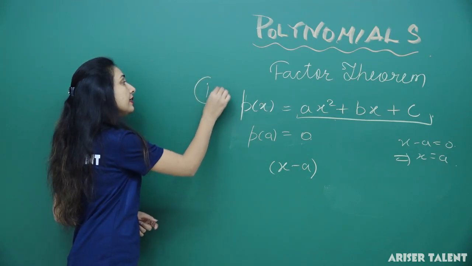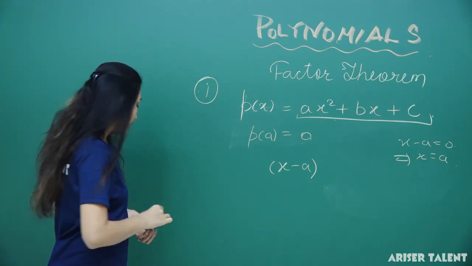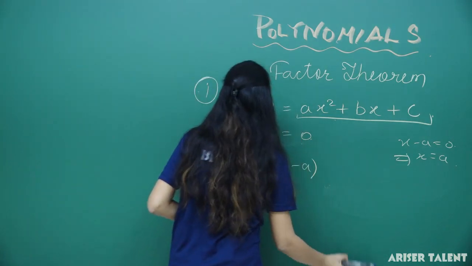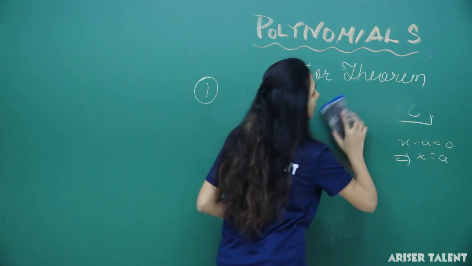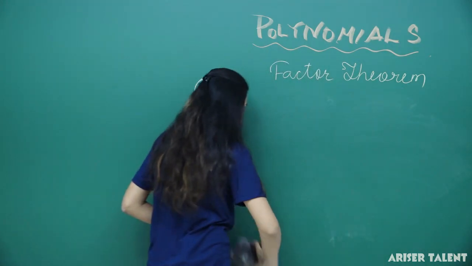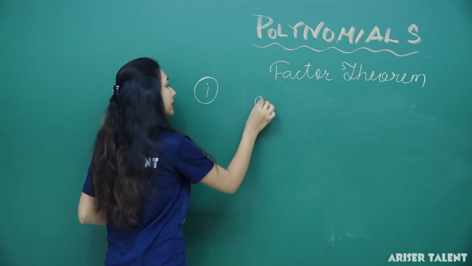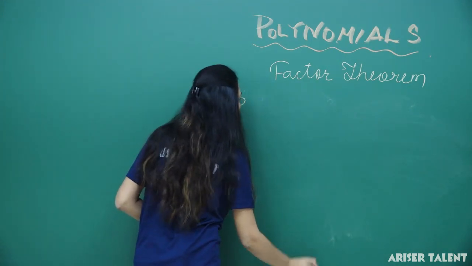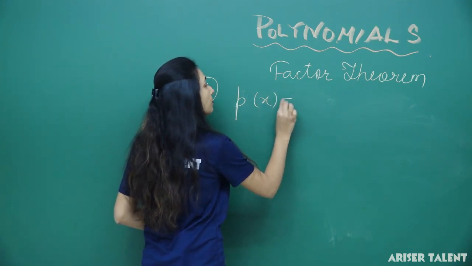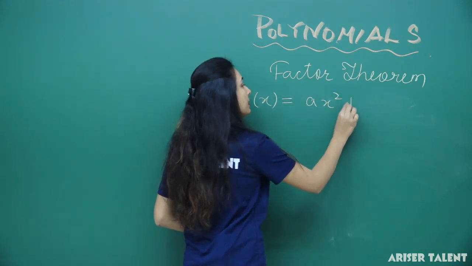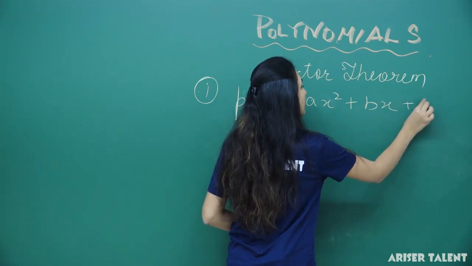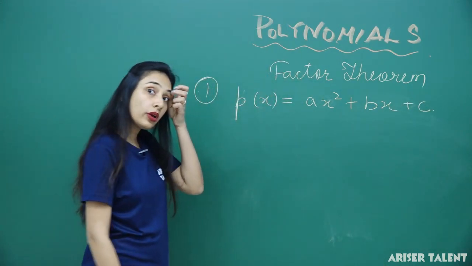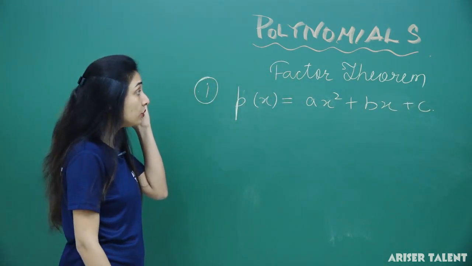Now, just understand this. The second method: if you have p(x) equals ax square plus bx plus c, what can we do?